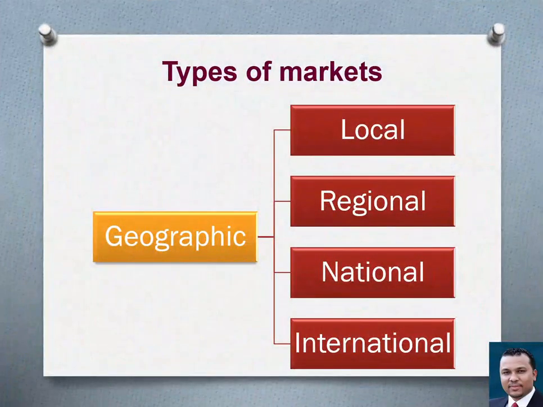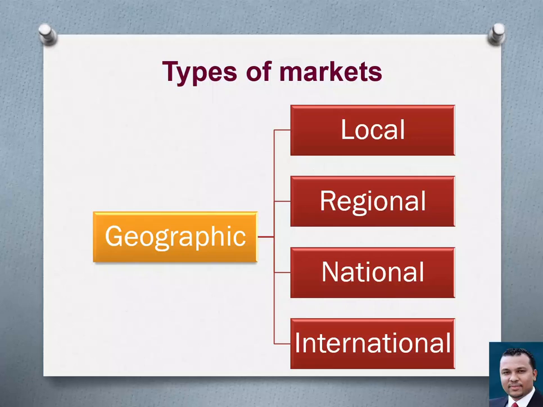Types of market. There are many classifications or categories of markets. The first category is the geographic classification of markets. We can talk about local market, which is a specific area in a specific city. Regional market is a group of specific areas in the same country.